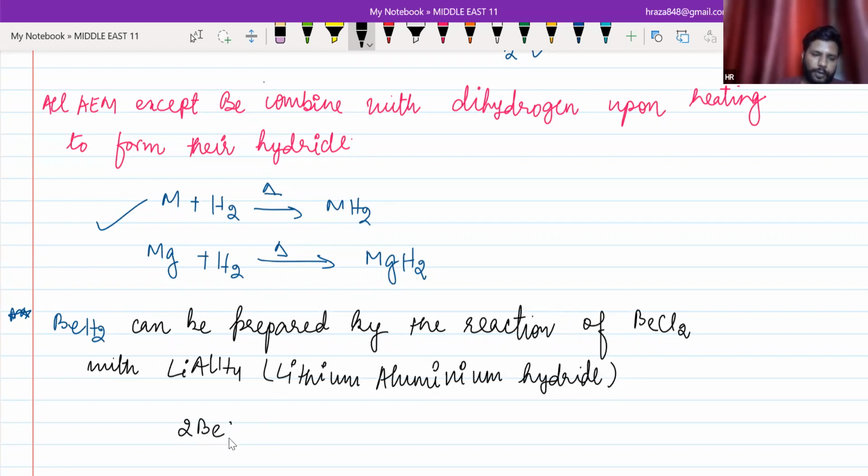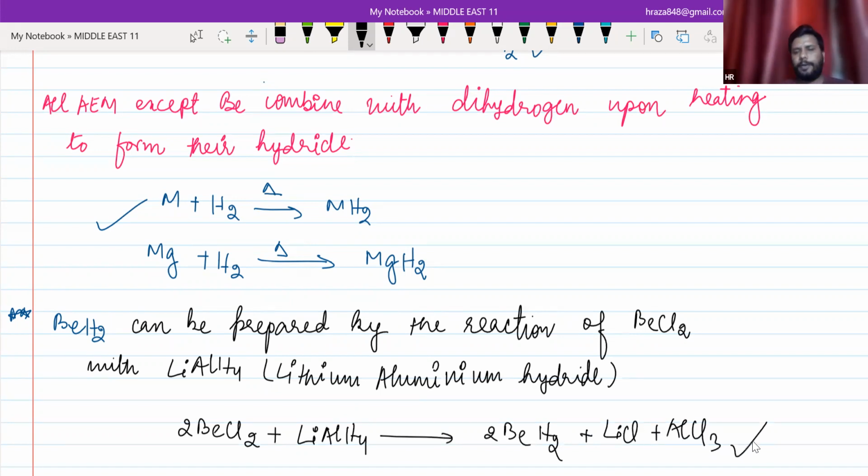So how do we prepare it? We take 2 moles of BeCl2 and react with LiAlH4. It will give 2 moles of BeH2 along with byproducts LiCl and AlCl3. Please write it.